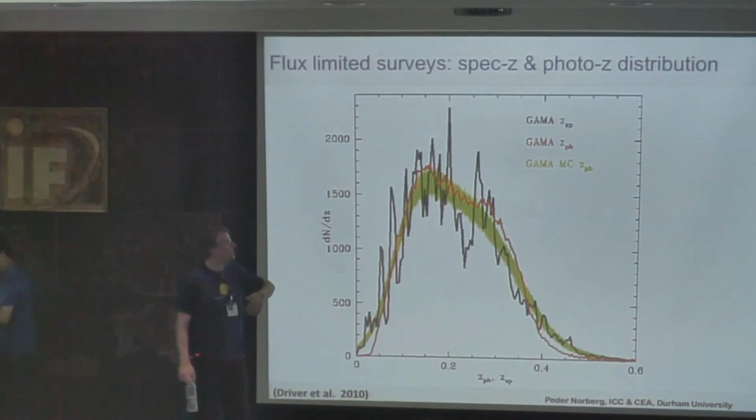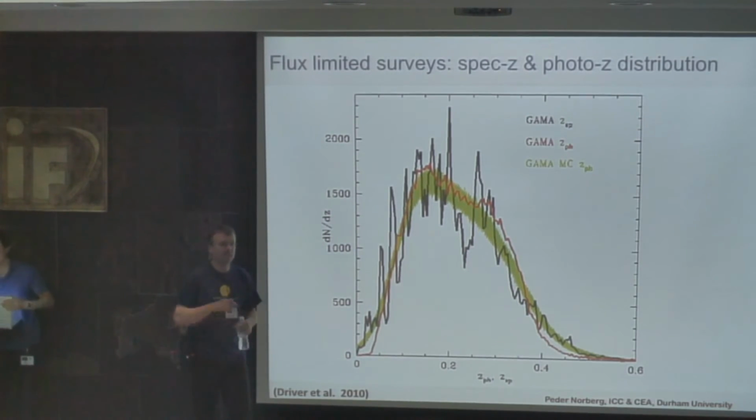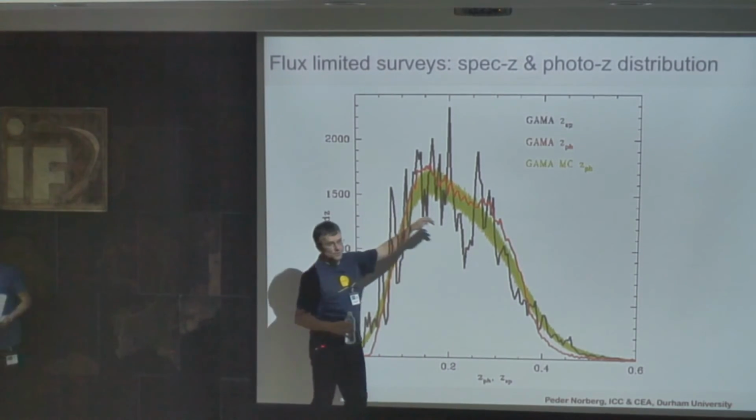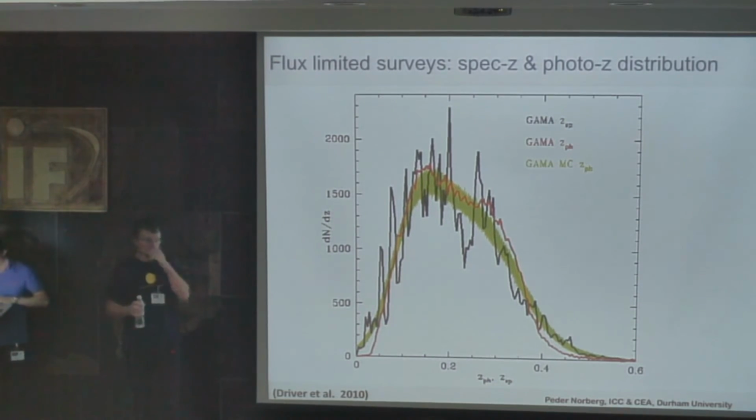So if I include that in my Monte Carlo realization of my photometric redshift, instead of saying a galaxy just has a number, it has actually a distribution associated with it, then I get the green distribution. All of these ones are data.